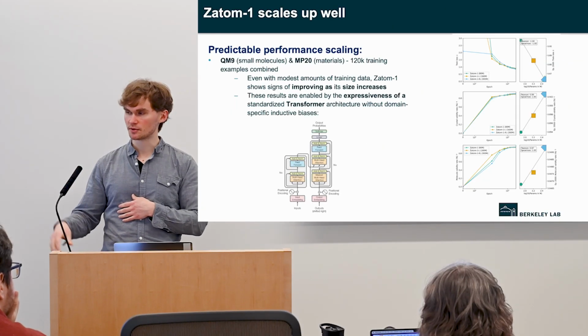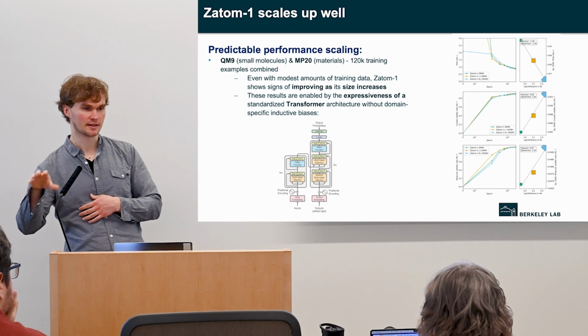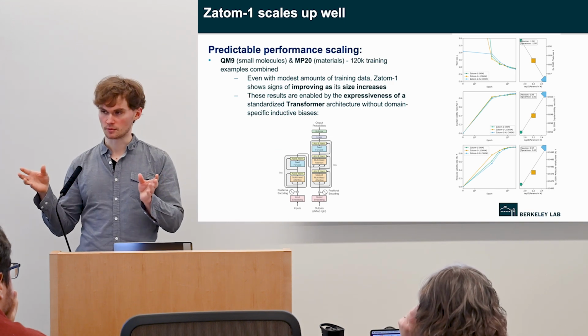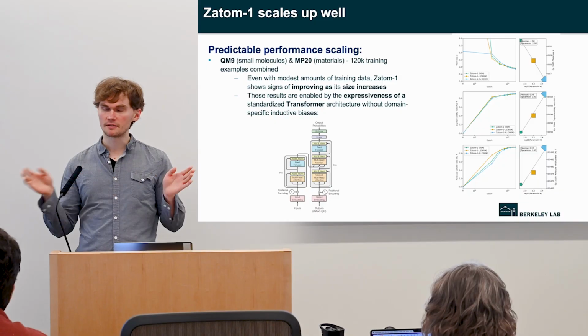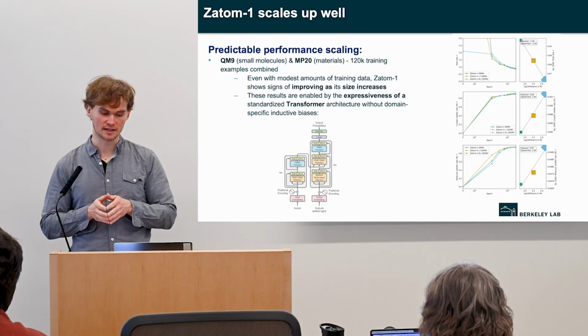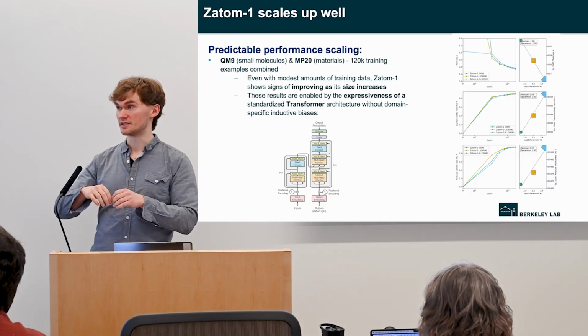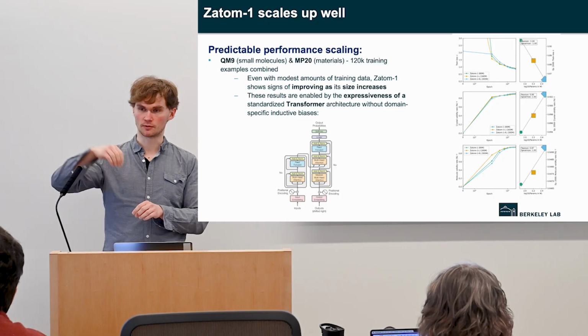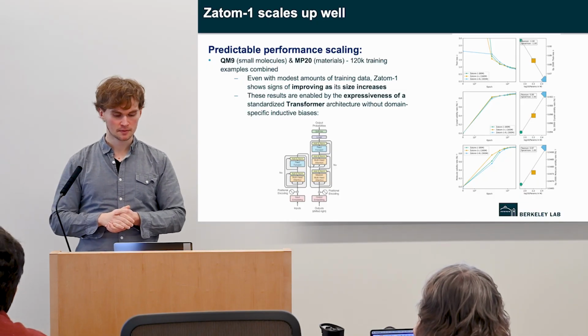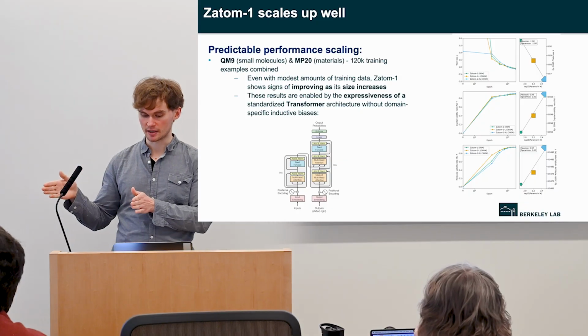Now, because we're building this model on very simple principles in the AI literature, we're using what's called a transformer model. This is visualized here in the bottom left-hand corner. This model makes very few assumptions about the input data that you're representing. And that's nice because it means it's very scalable. It means if you increase the size of the model, you're going to see predictable performance improvements. And that's what we see here in the right plot.